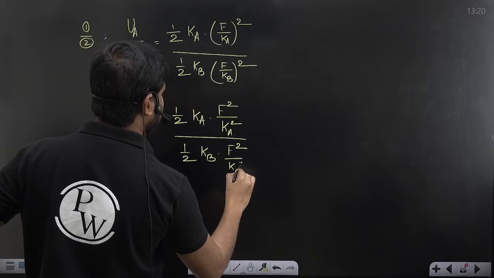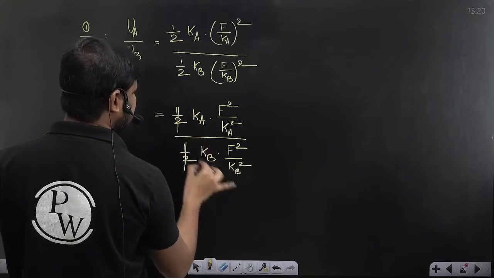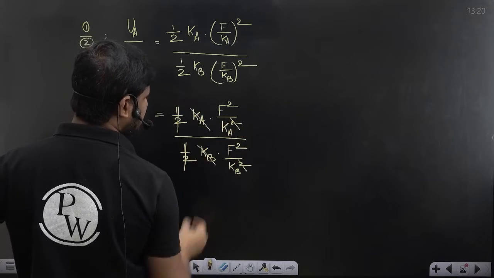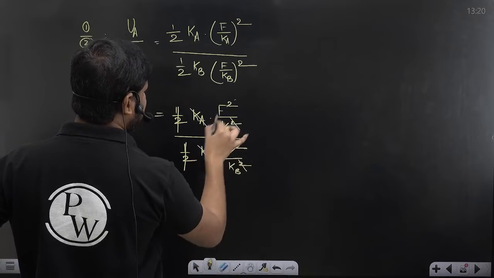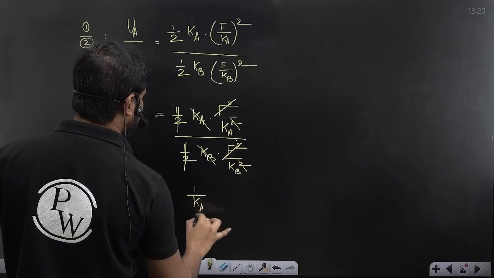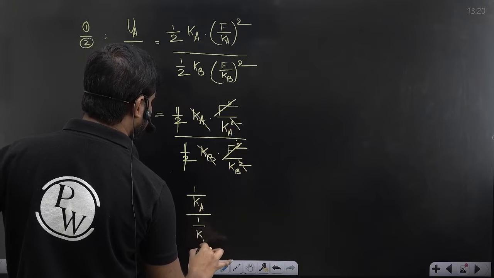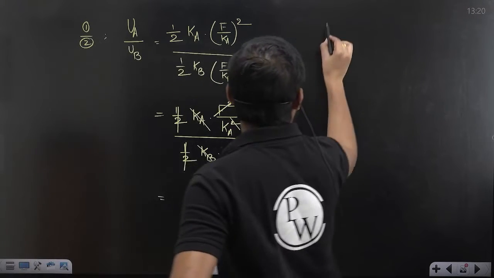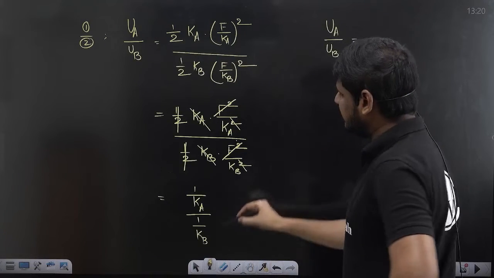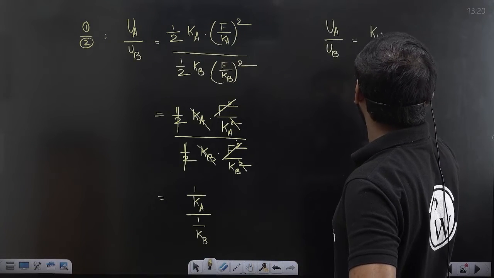So from here, half gets cancelled, one Kb gets cancelled, one Ka gets cancelled. F square gets cancelled. We are left with 1 by Ka by 1 by Kb. So therefore UA by UB is equal to Kb by Ka.